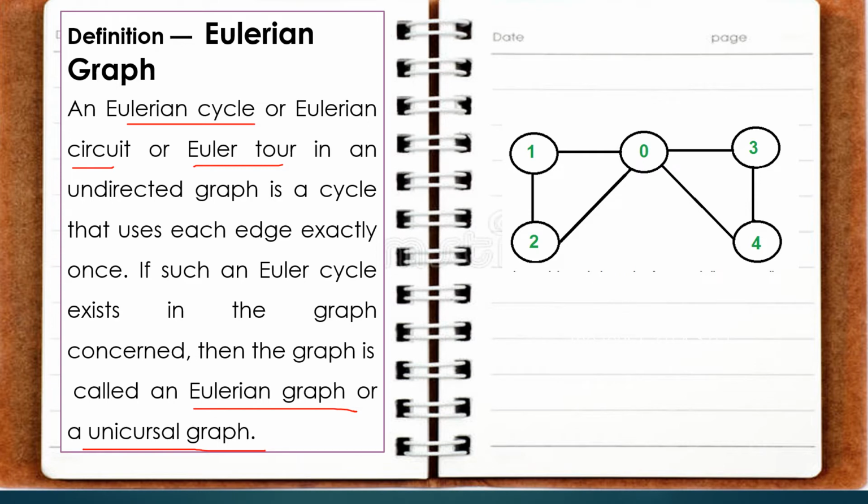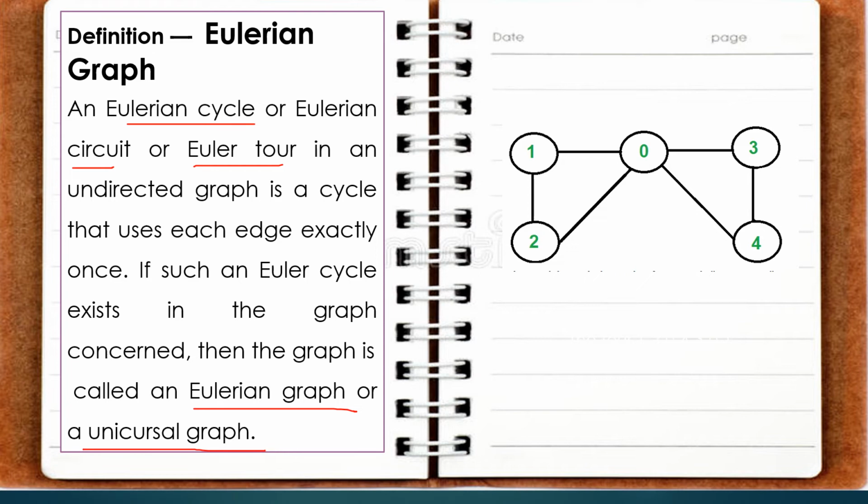So in a semi-Eulerian graph, the conditions are that we have to use all the edges of the graph once, and it's not necessary that we have to go back to our starting vertex.